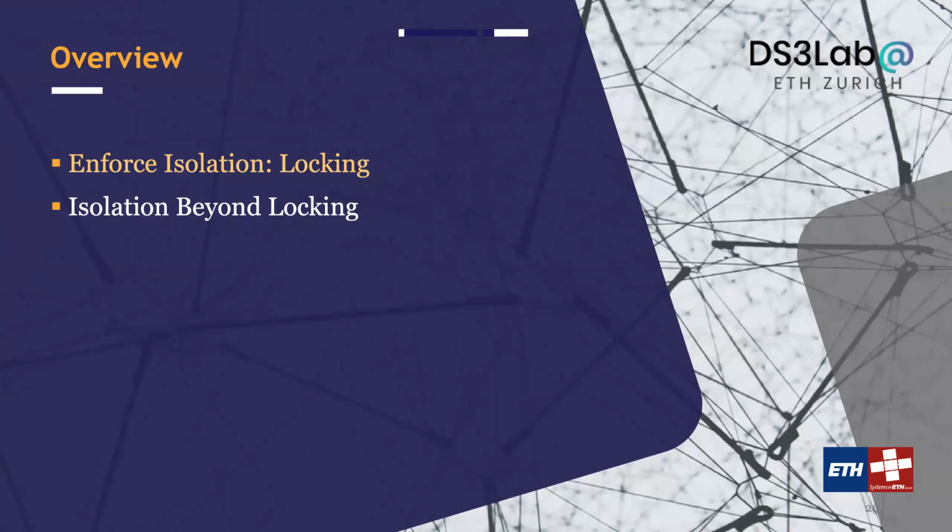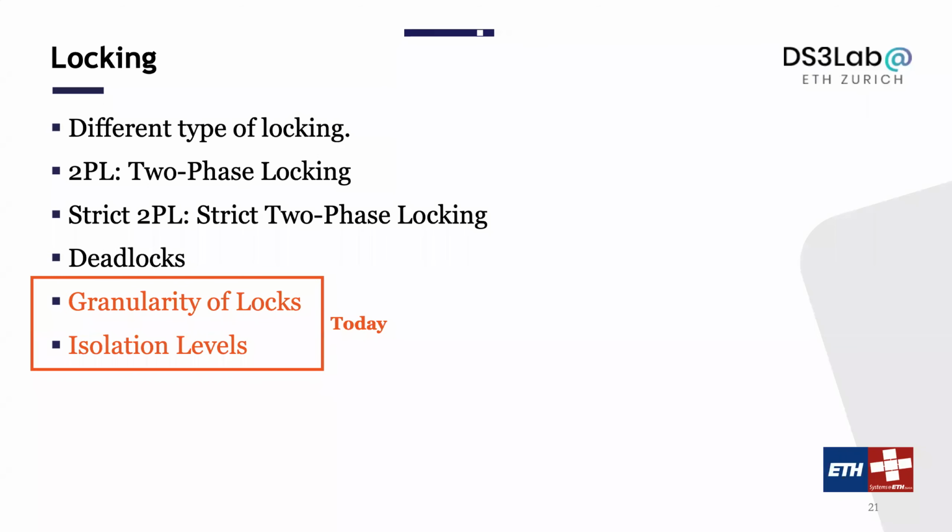So now let's start the new content. We still have some leftover about locking, so let's finish that. There are still two questions that we need to understand in locking. We talked about different types of locks, locking strategies, and how to deal with deadlocks, but there are two more things that are interesting. The first one is the granularity of locks. So far we are treating the database as a whole bunch of objects.